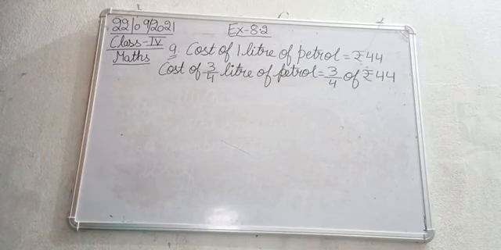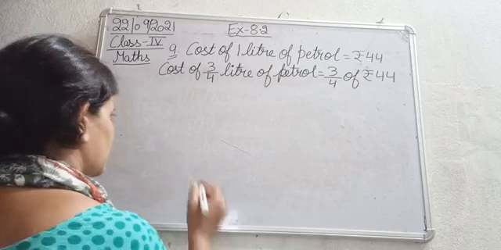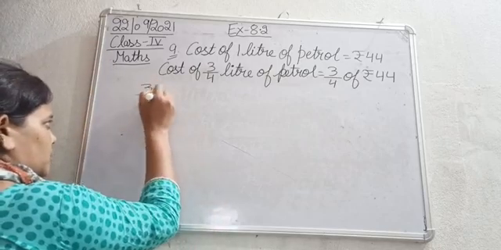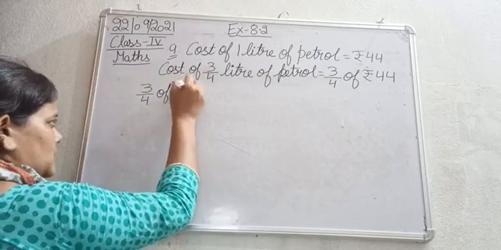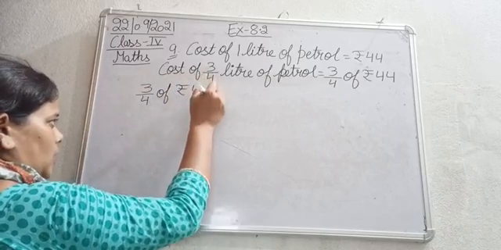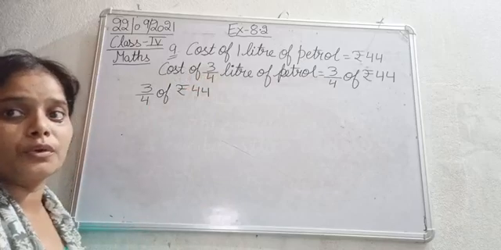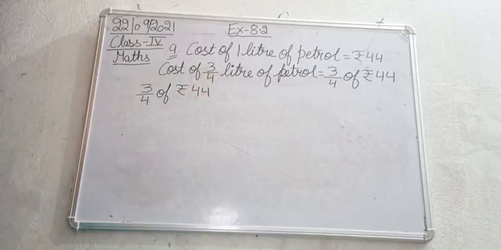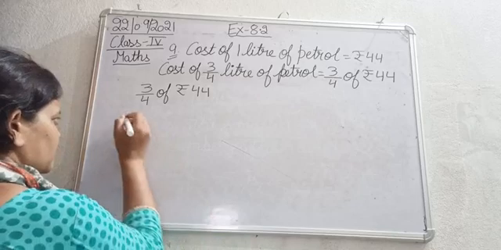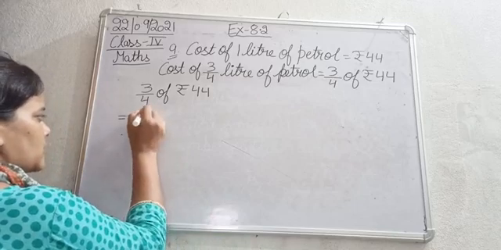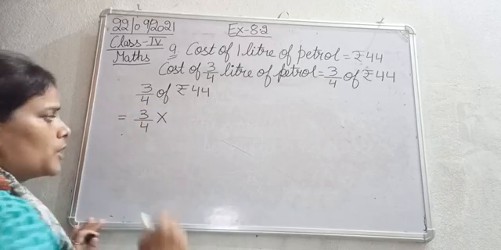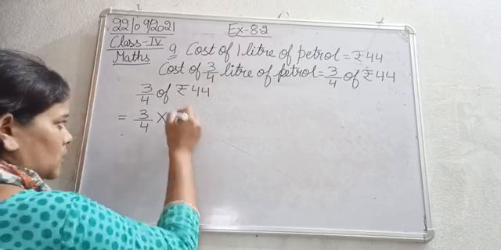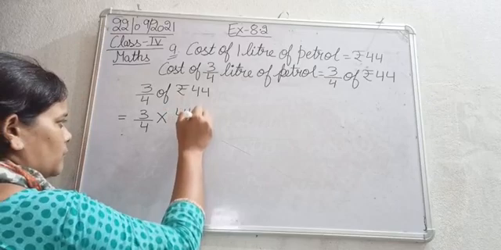So let's find out the cost of 3/4 liter of petrol. 3/4 of rupees 44. That is equal to 3/4 of, which will change into the sign of multiplication, 44.